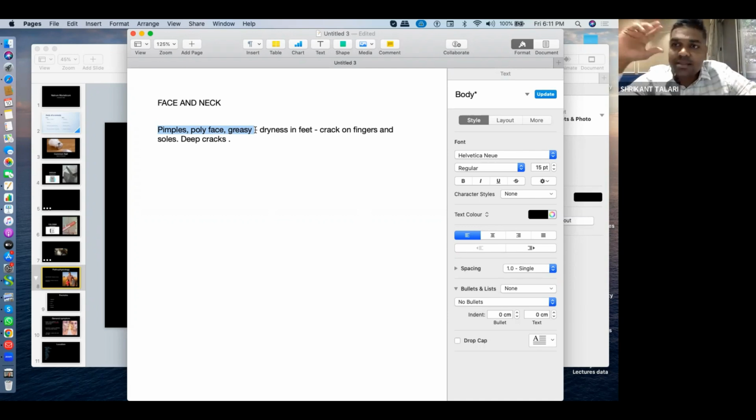And then the important thing is there will always be combination. So if it is dryness over here on the face, then there will be swelling in legs. Are you getting this? There is imbalance in fluid. So if in one area you are seeing dryness, somewhere else in the body you will see edema. Are you getting this?